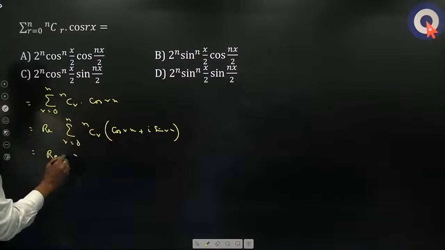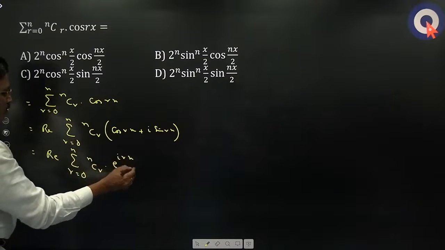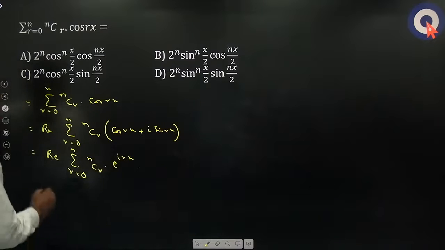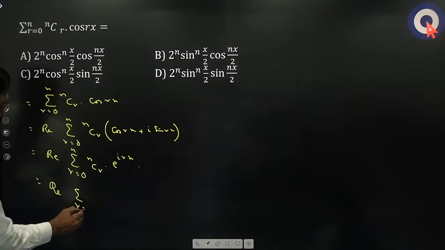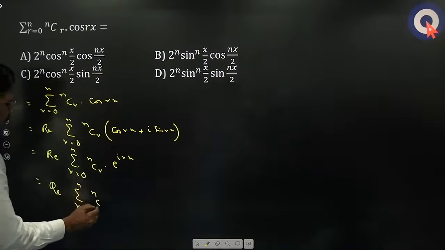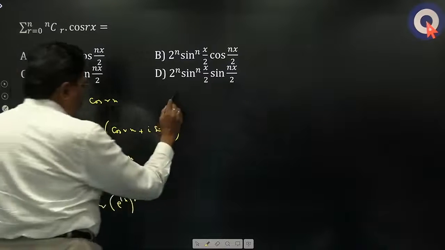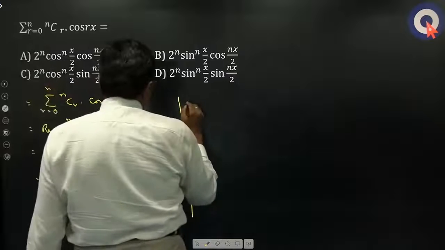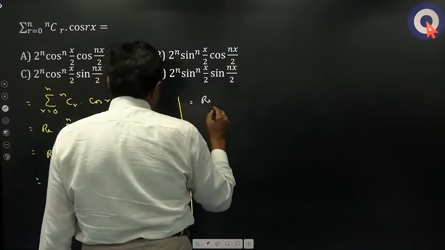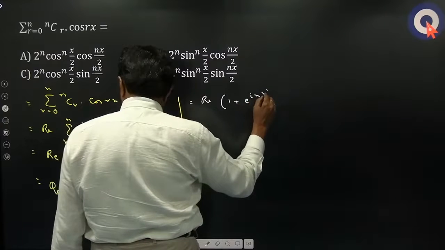So the real part of sigma r equals 0 to n nCr into e to the power of irx. So this is the real part of sigma r equals 0 to n nCr into (e^(ix)) to the power r, which is nothing but the real part of (1 plus e^(ix)) to the power n.